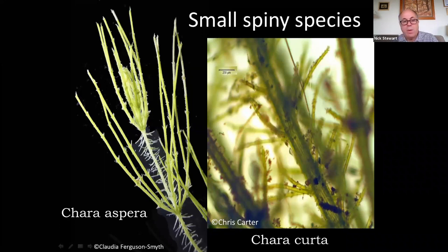So if it has simple spines, single spines, then it's Chara aspera, and if it has grouped spines, then it's Chara curta. Chara curta has its stronghold in Ireland. It's quite a common plant particularly in the central limestone lakes, and relatively much rarer when you get into mainland Europe.